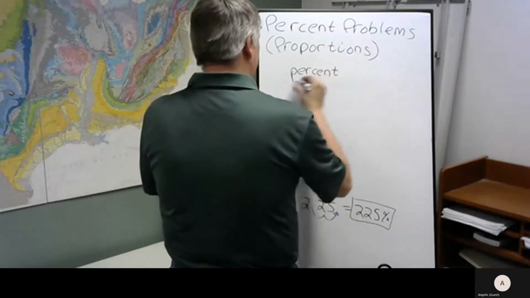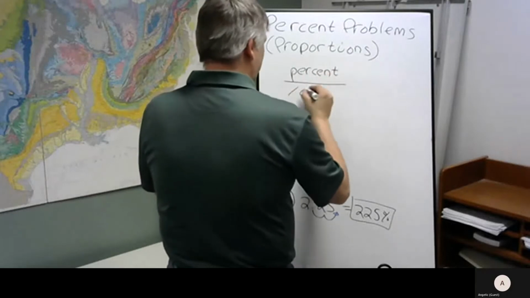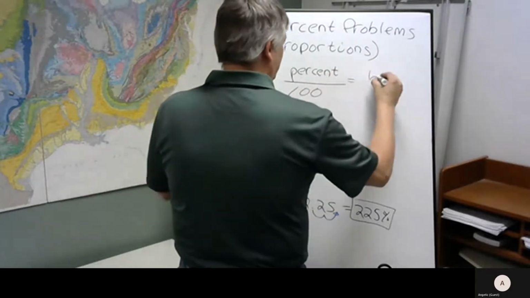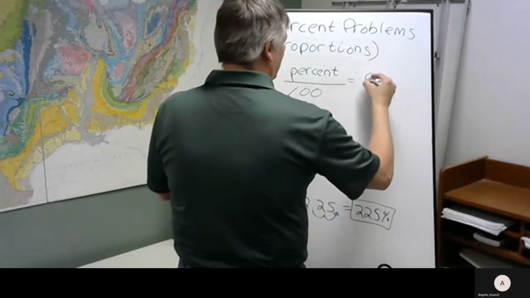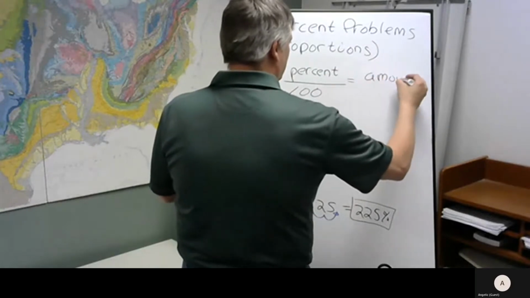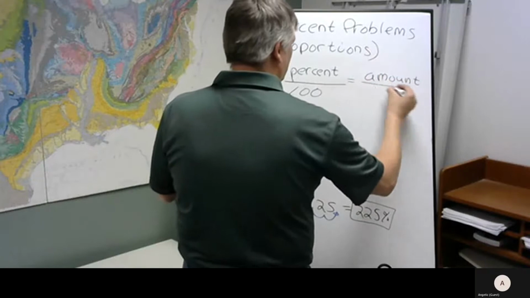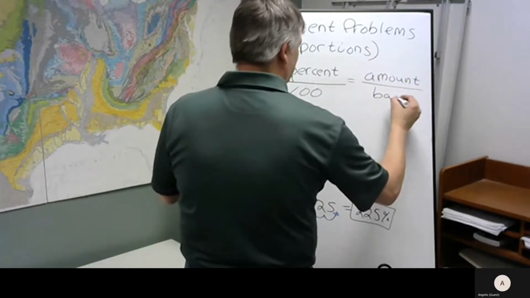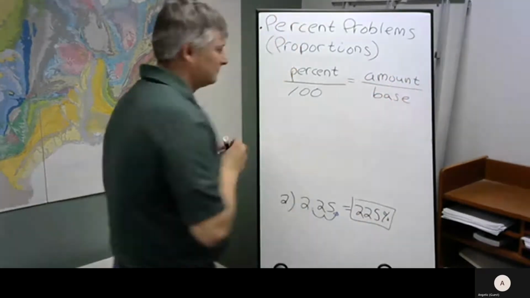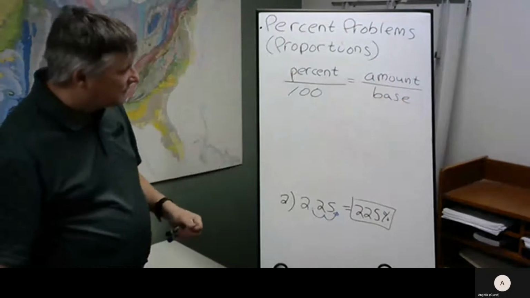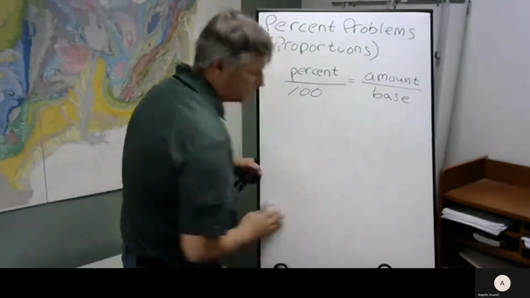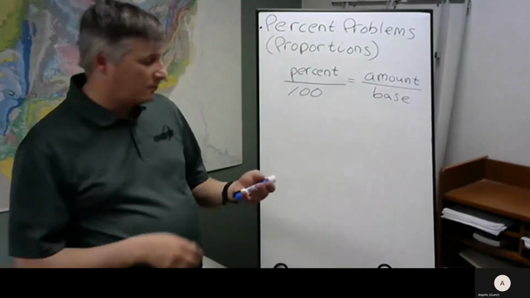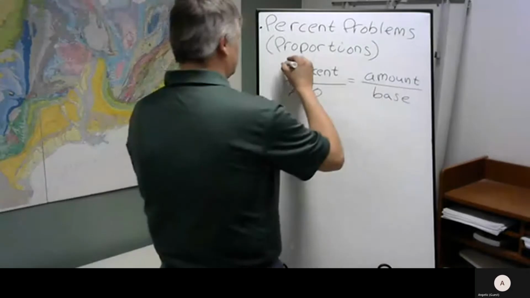Percent over 100 equals amount over base. So percent over 100 equals the amount over base.